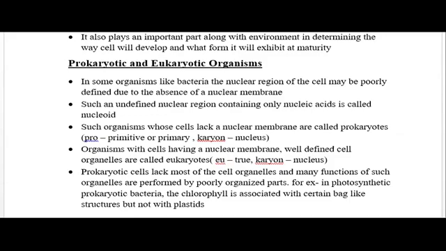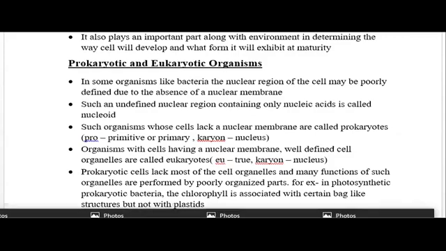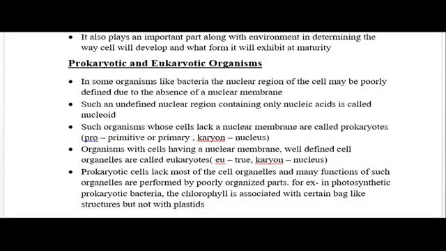For example, in photosynthetic prokaryotic bacteria, the chlorophyll is associated with bag-like structures called vesicles, but not with plastids. Plastids are well-developed structures found in eukaryotic organisms, but they are absent in prokaryotes, and therefore the chlorophyll is associated with vesicles.